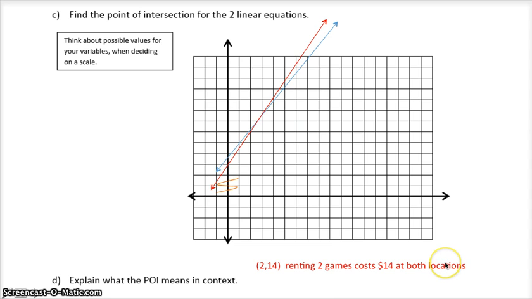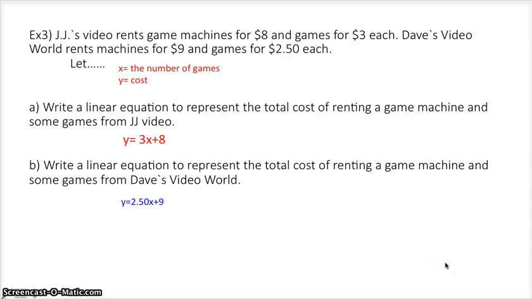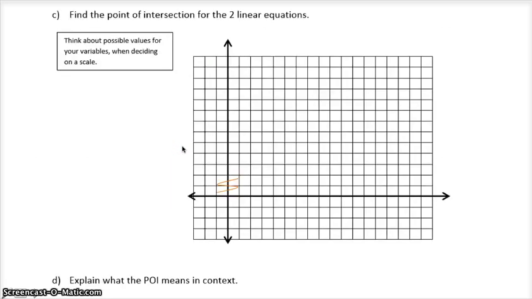Because if we go back to our equations, 2 times 2.50 gives us $5 plus 9, and 2 times 3 gives us 6 plus 8 gives us 14. So you can notice that by looking at our graphs, it's not as easy to clearly see it because of the grid lines and the decimal values.